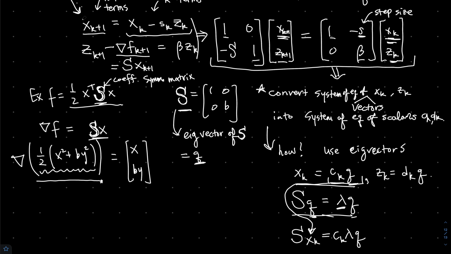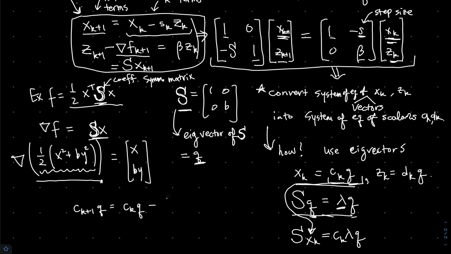What is this? This equation here, we can rewrite as ck plus 1 q equals ckq minus sk dkq, and then dk plus 1 q minus Sxk plus 1, which is ck plus 1 lambda q, equals beta dk q.